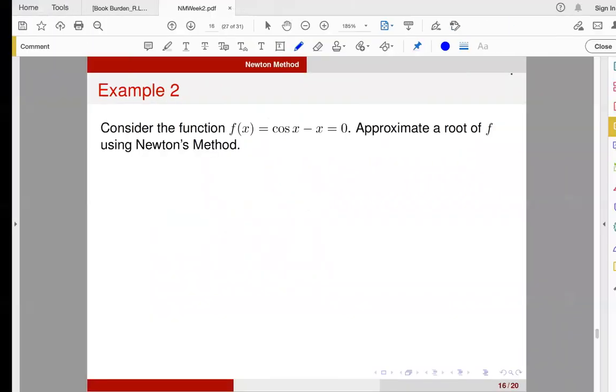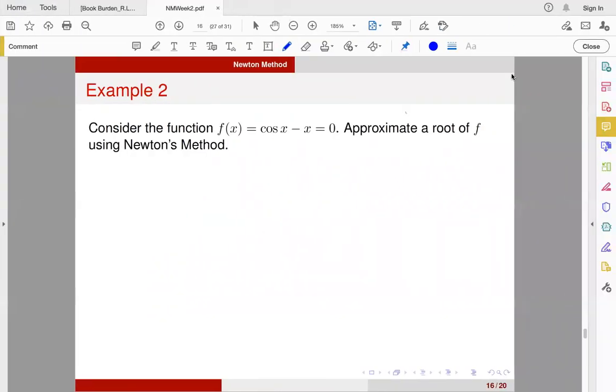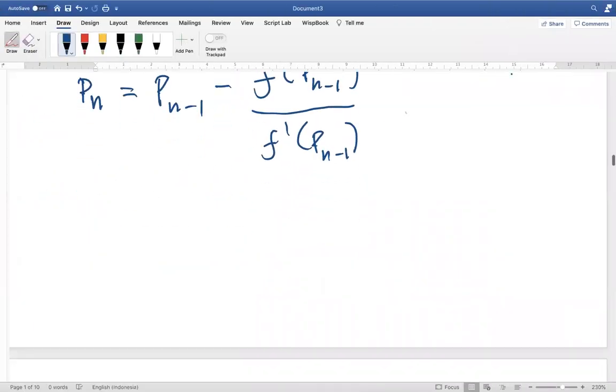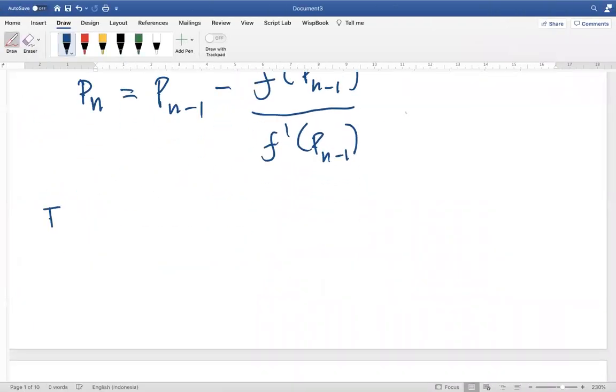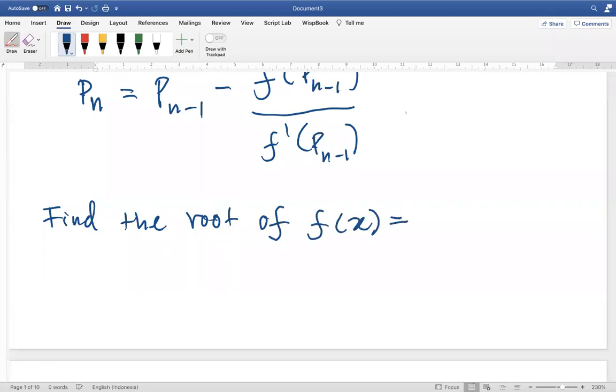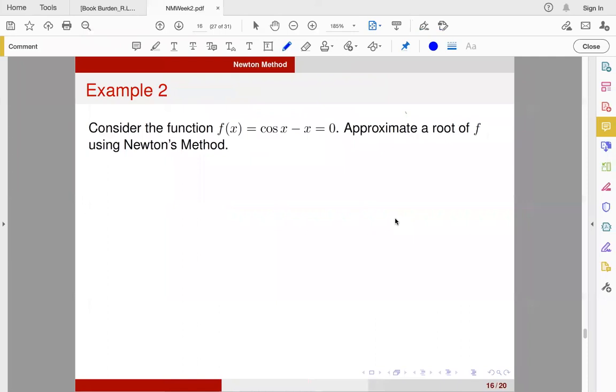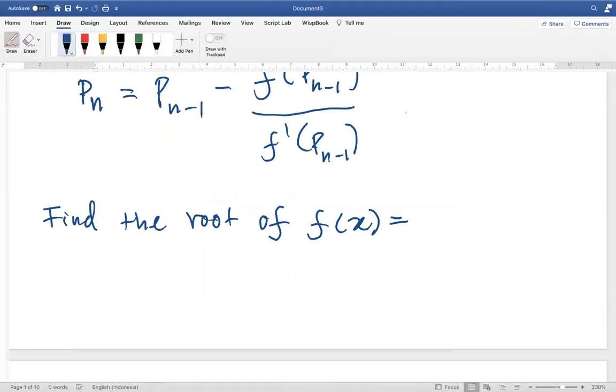The problem we have: given, find the root of f(x) equal to cos x minus x.